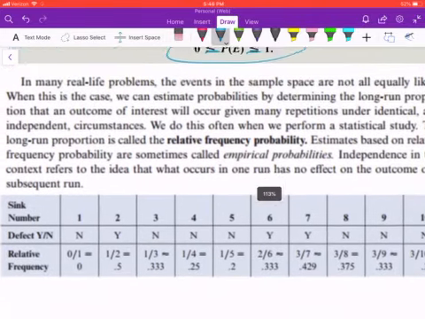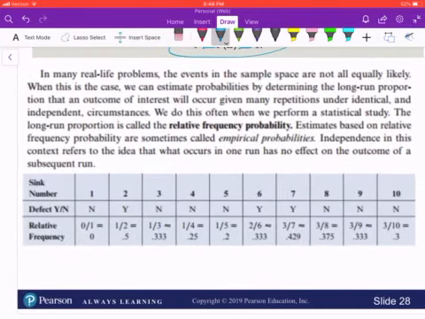When we did the problem in class about tossing a coin, the probability for each event was 0.5 of getting heads or tails. Now, for other real-life problems, the events in the sample space do not have that equal likely probability.